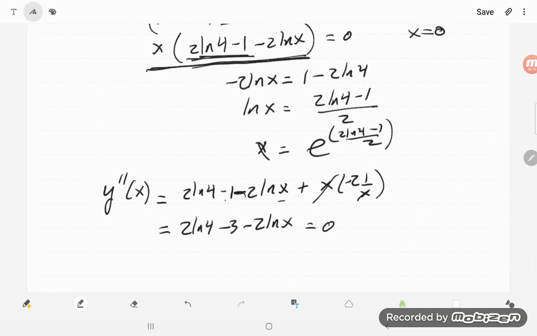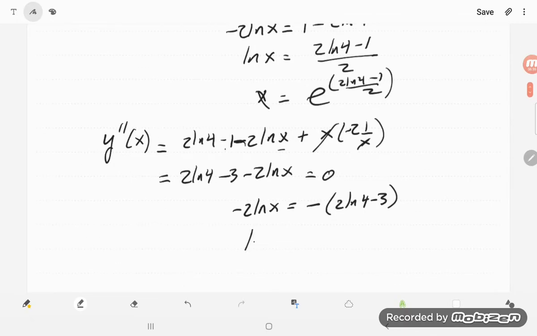That would be an inflection point. That would be at minus 2 natural log of x equals, again, we have the minus thing, but I'm just going to leave it as a minus 2 log 4 minus 3, because I'm going to divide by the negative 2. So we get log of x is equal to 2 log 4 minus 3 over 2.